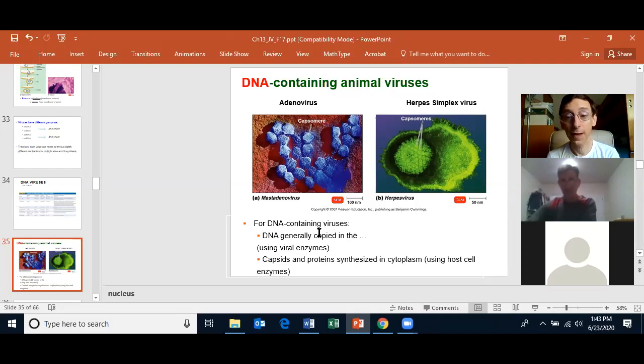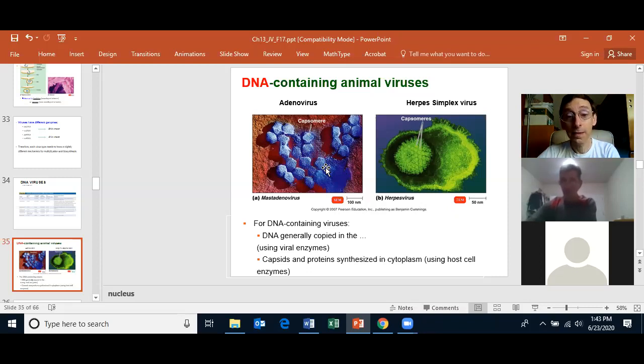Like DNA polymerase is found there if the virus needs it to replicate its DNA genome. And then all the other things like the nucleotides, ATP, what else is required? Helicase, things like that.